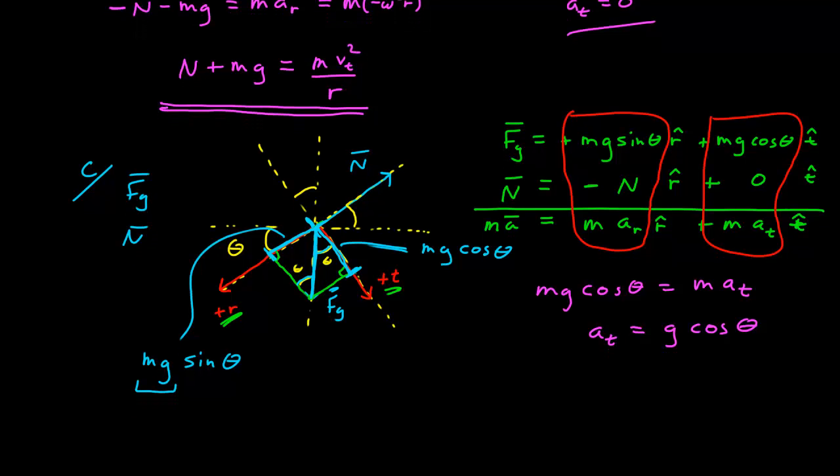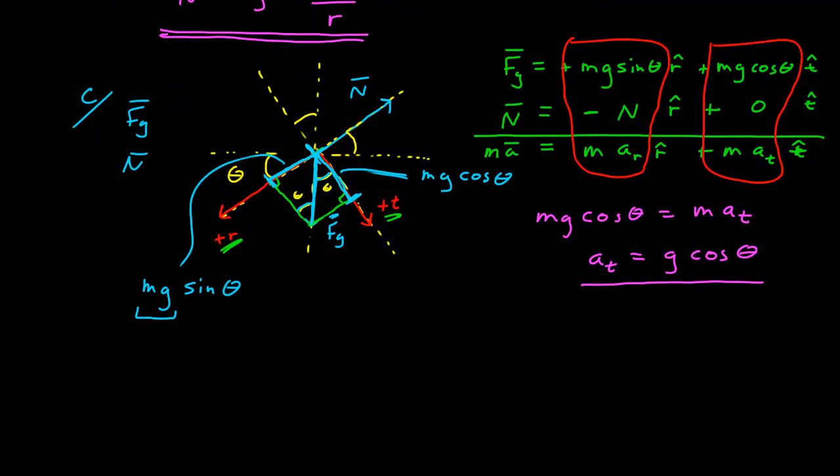So again, I'm sort of moving into the checking stage of my problem solving just to make sure everything makes sense and is consistent. Looking in the radial direction, I have mg sine theta minus n is equal to mass times my centripetal acceleration. I'm going to use centripetal this time.